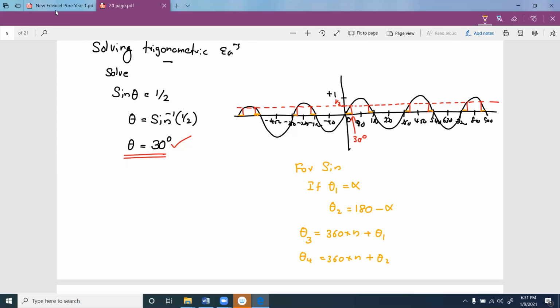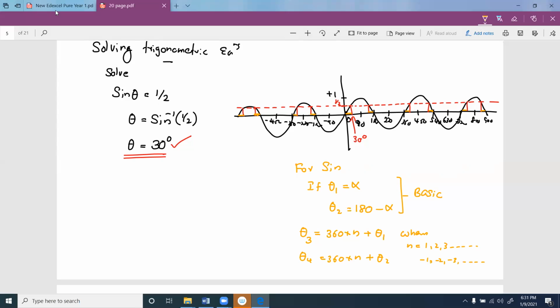Always we use these two angles as the basic angles. Using these basic angles, you can work out for n, where n equals 1, 2, 3, and so on, minus 1, minus 2, minus 3, going up to infinity, right?